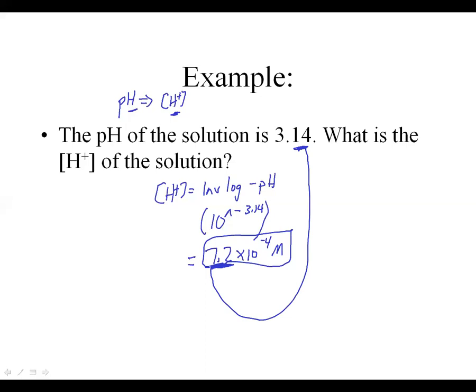So just like when we go from concentration to pH or pOH, we go from significant figures to decimal places. When we go backwards from pH, we want to go from decimal places to significant figures. So 2 sig figs here at the end, from 2 decimal places at the beginning.